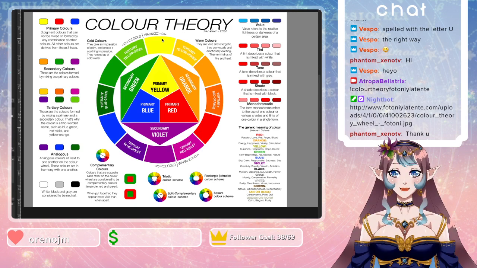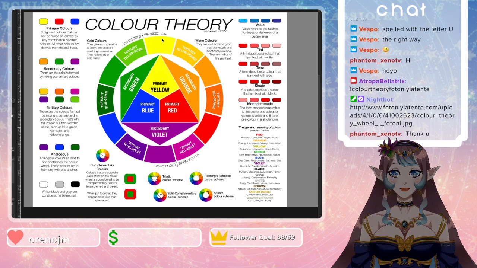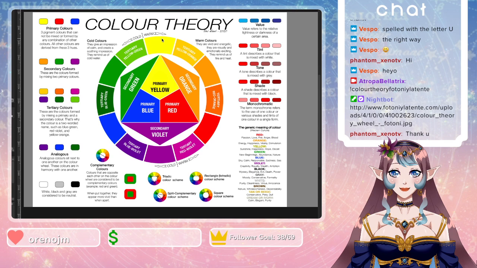Violet represents creativity, royalty, wealth, and ambition. But there's a really good reason why it represents royalty and wealth. It's because for the longest time, violet was super hard to produce as a pigment. Before we could mix synthetic pigments, it was super hard to come by because there's not really anything in nature that's actually really violet.